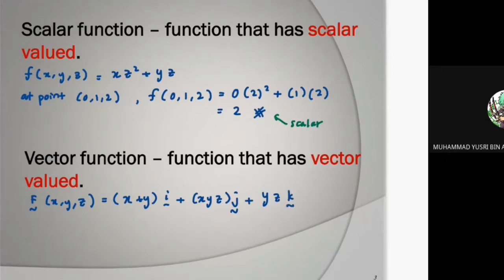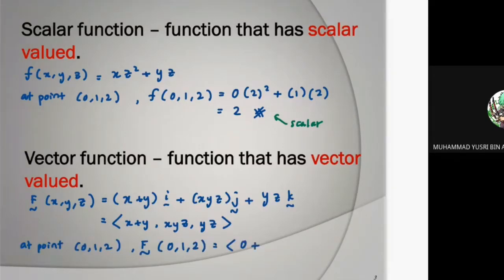I want to write in the bracket form: (x plus y, x y z, y z). So at point (0, 1, 2), your vector f will be (0 plus 1, 0 times 1 times 2, 1 times 2). So this is equal to (1, 0, 2). You will get a vector. So that is the difference between the scalar function and a vector function.